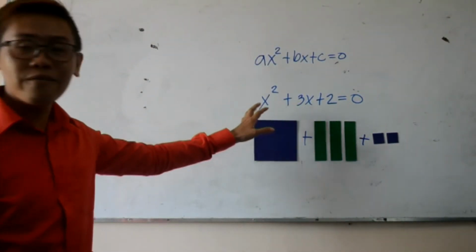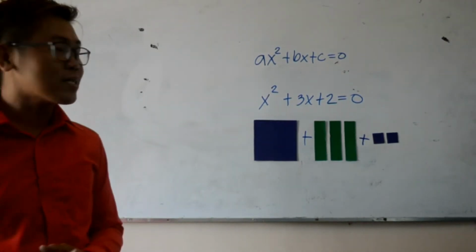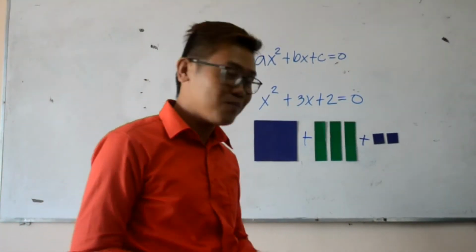So we have now x squared plus 3x plus 2 is equal to 0.